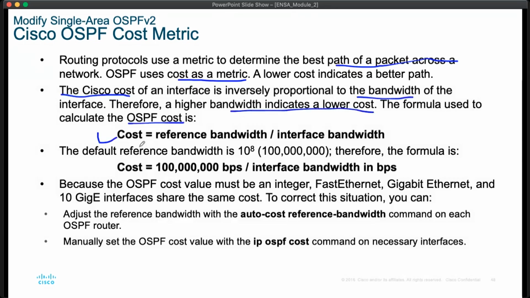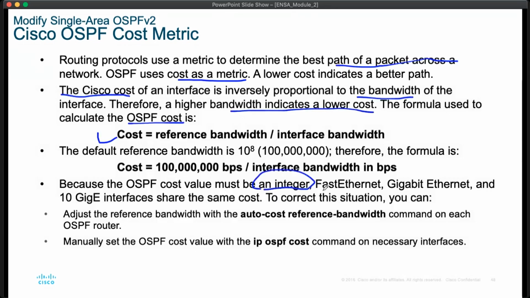The default reference bandwidth is 10 to the power of 8. Therefore, the formula is cost equals 100 million bits per second divided by the interface bandwidth in bps, because the OSPF cost value must be an integer.